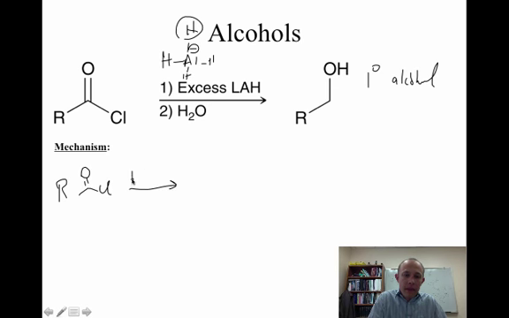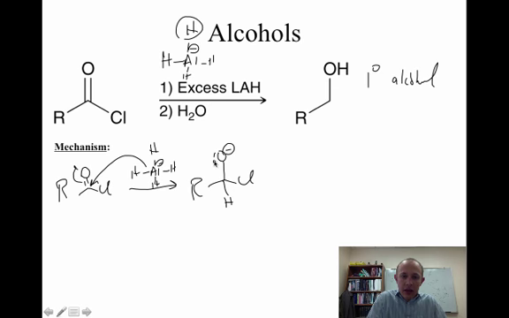The mechanism here is that we have lithium aluminum hydride as a nucleophilic source of hydrogen, right? So the hydrogen attacks the carbon-oxygen double bond, and we get our tetrahedral intermediate, right? We get an O minus, and we get a chlorine, and we added a hydrogen to that carbon. Now this carbon-oxygen double bond can reform. We kick out the chlorine, and look what we get as an intermediate.